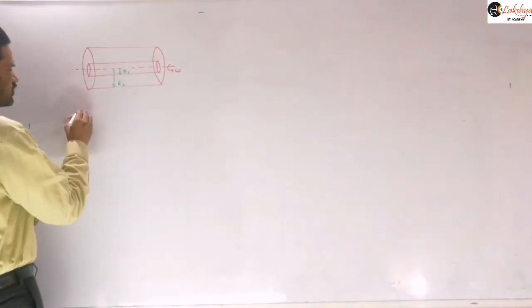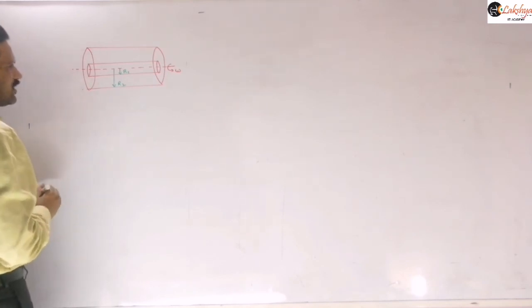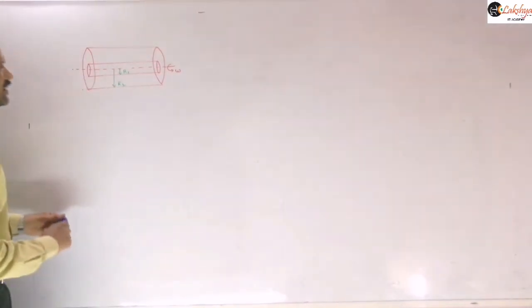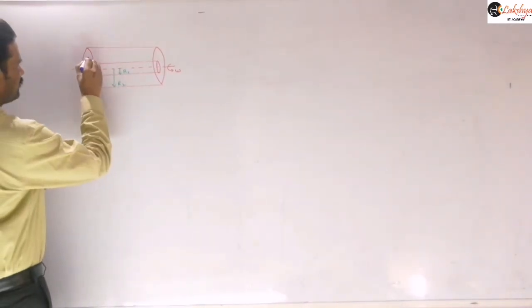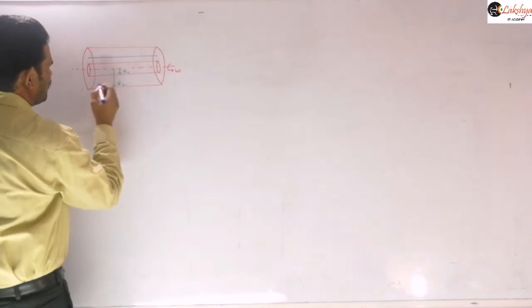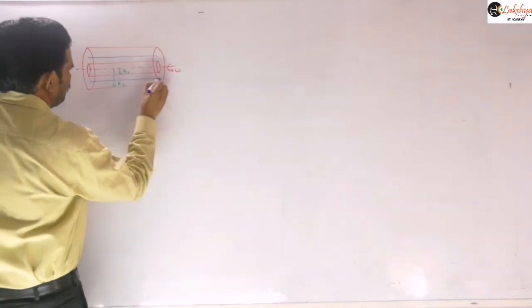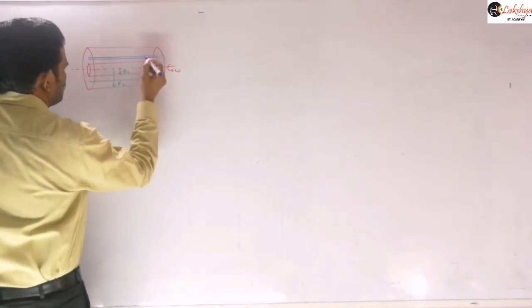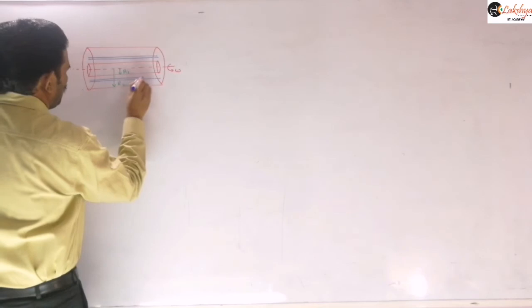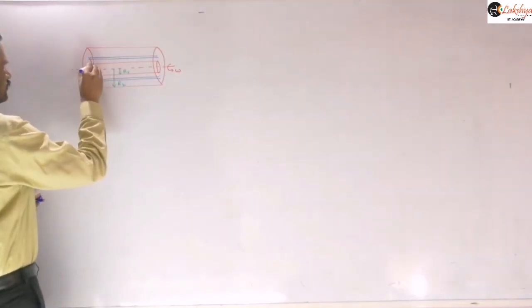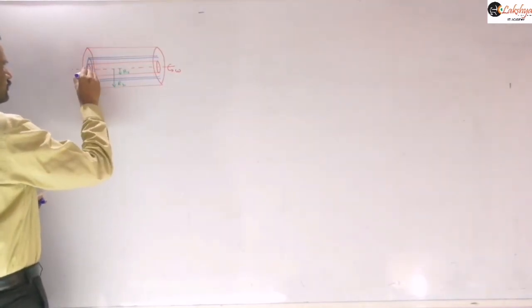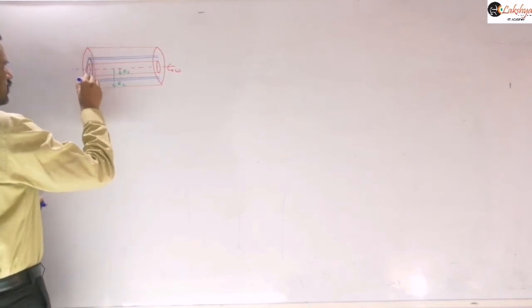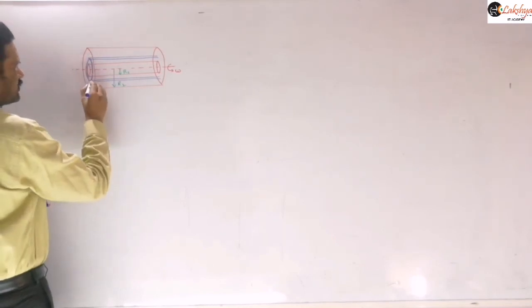In the integration method, we need to consider a small element. Let us consider a cylindrical element of smaller radius r, like this.